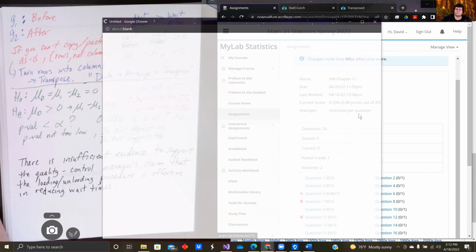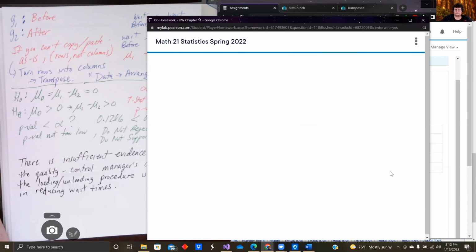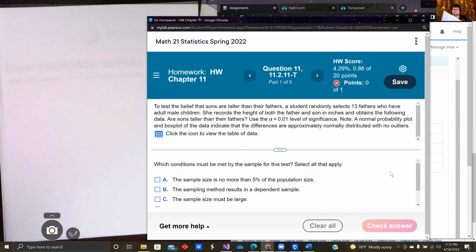There it is. Okay. So it says to test the belief that sons are taller than their fathers.